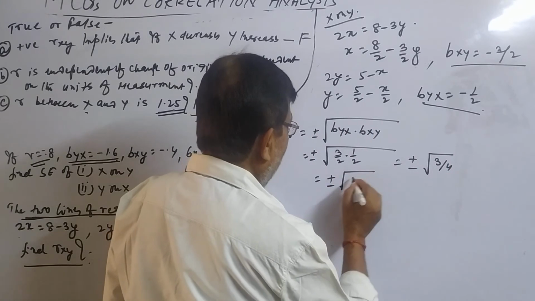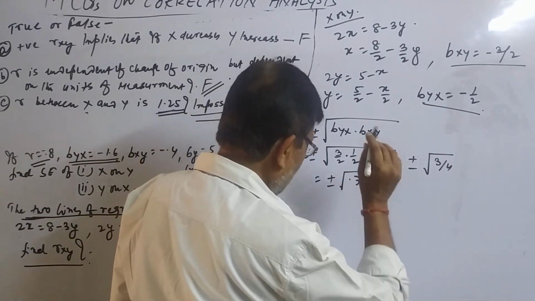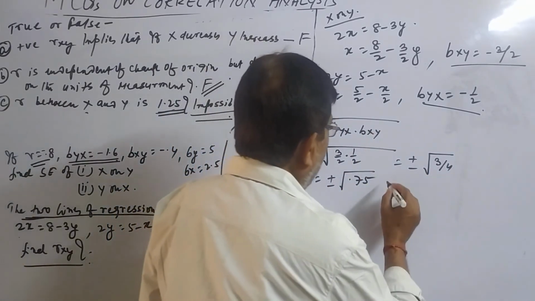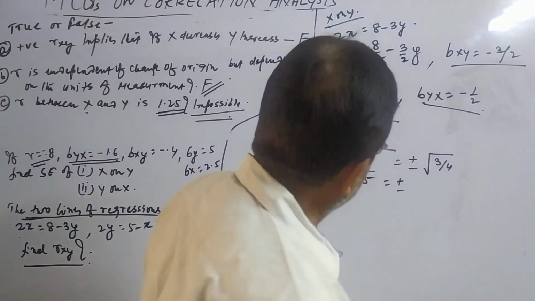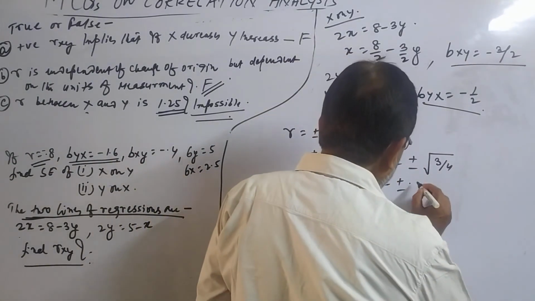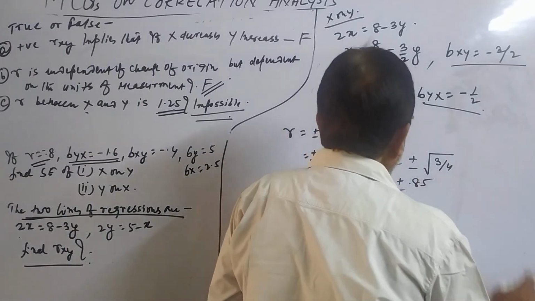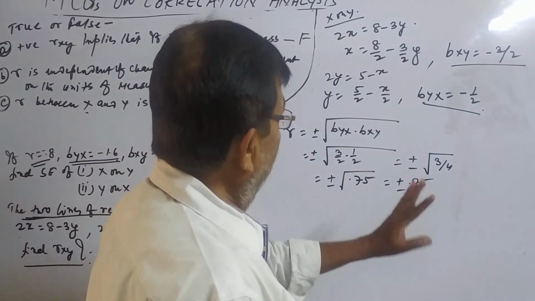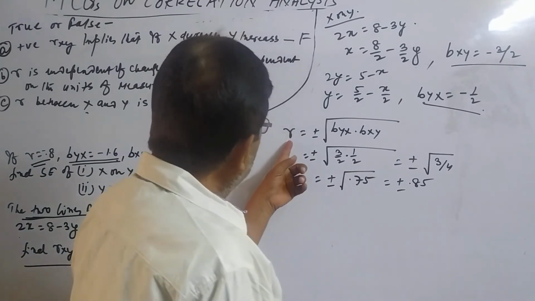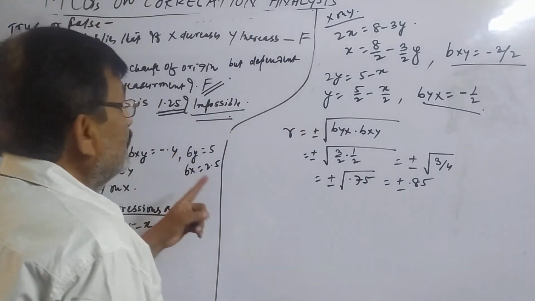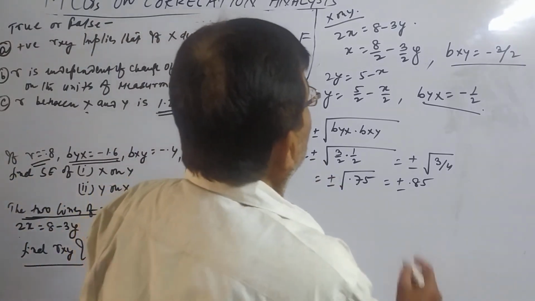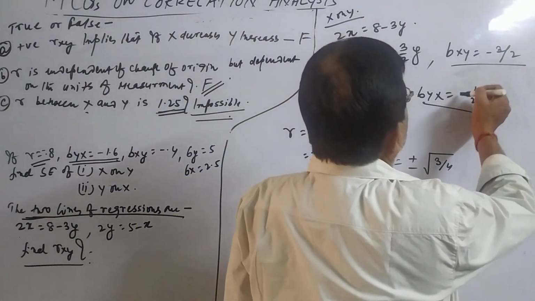It is plus minus under root 0.75 and it comes out to be 0.8. Probably it would be around 0.85. If it is 0.85, now we have to express the sign of r. Here we have to observe what the signs of these two regression coefficients were.